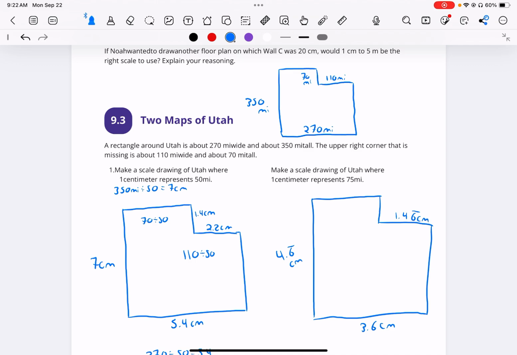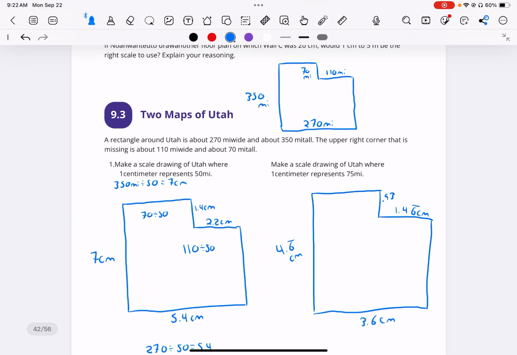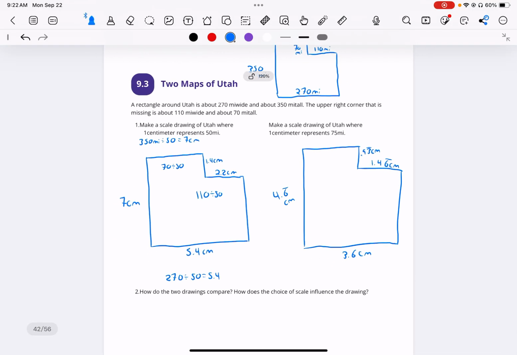And 70 divided by 75 would be 0.93 repeating centimeters.